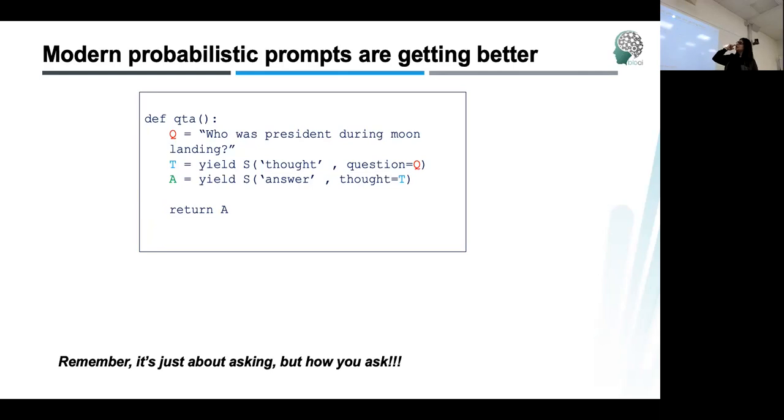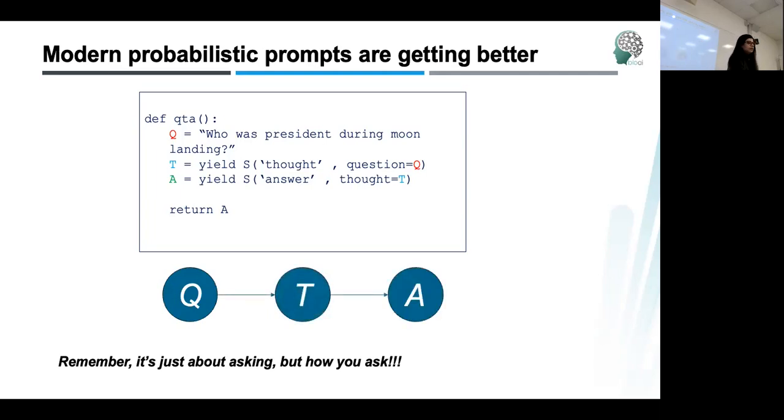It says that we are defining a function with a question, for example, who was the president during the moon landing. So the question yields a thought, and then the thought yields an answer and returns the answer. So the question is given, then it thinks about it, and then it gives the answer.